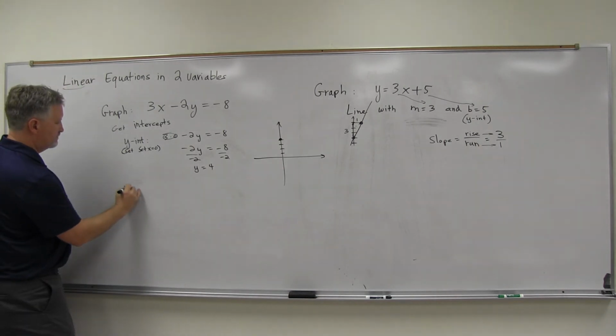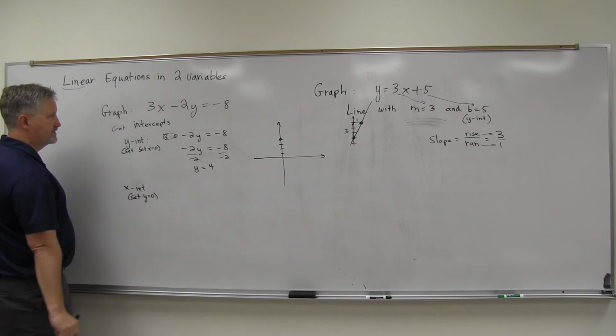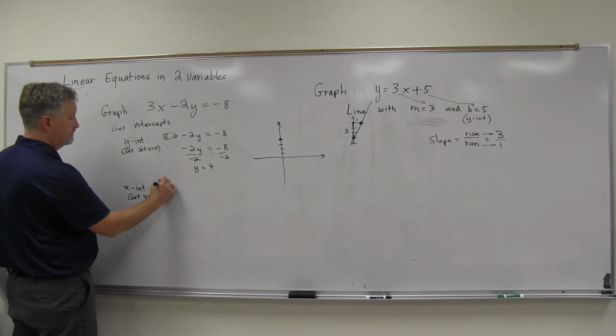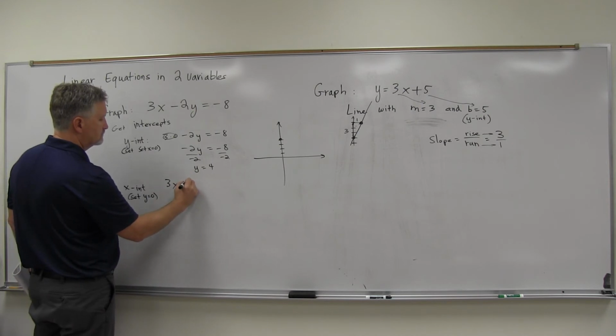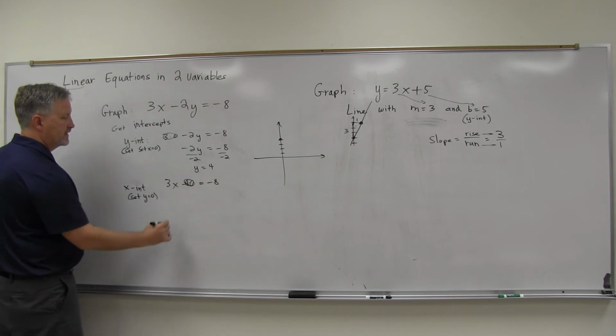Then the x-intercept, similarly, is easy, pretty quick to find. You set y equal to 0 to get the x-intercept. And of course that makes that term 0.